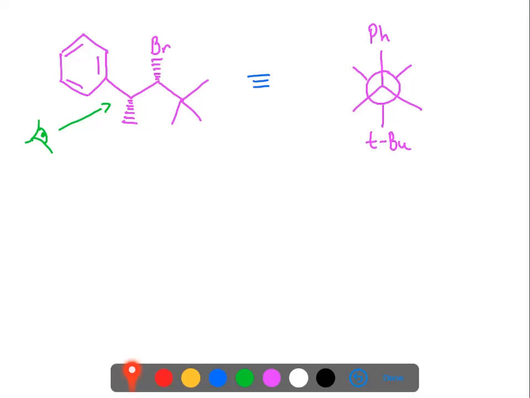So if we're looking from this direction and they're behind the page, they're going to be on the left-hand side of our axes. So the bromine is going to be above that plane and on the left, and the methyl group will be down and to the left.